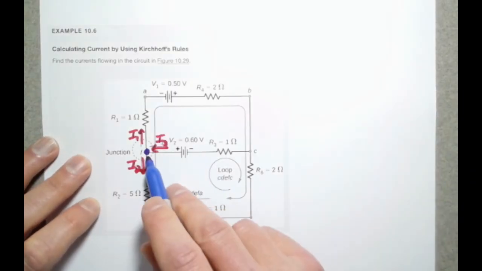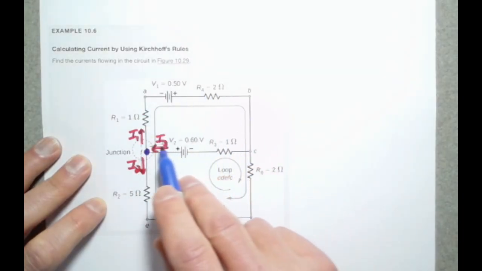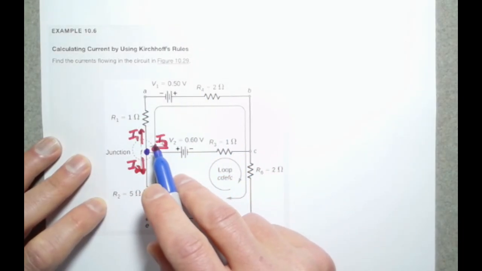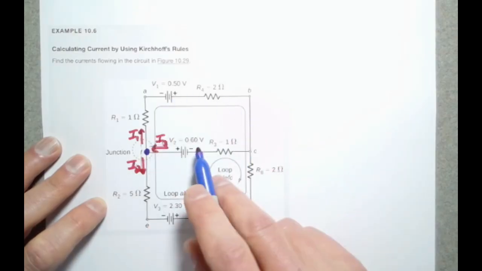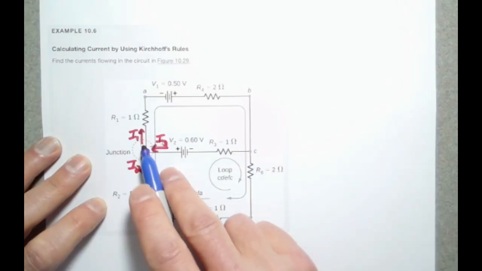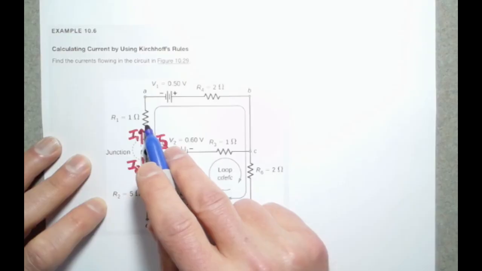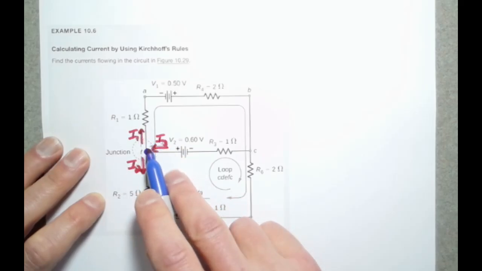So we're going to start here at this blue dot, and we're going to go around the top loop in a clockwise direction. It doesn't matter which way you go. You can go counterclockwise, you can go clockwise, you just have to stay consistent. Okay, so we're going to go in this direction. The first element that we get to is a resistor. This is a 1 ohm resistor. So what is the voltage in this direction?